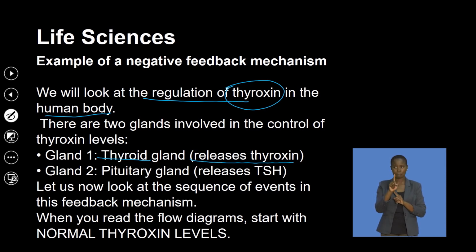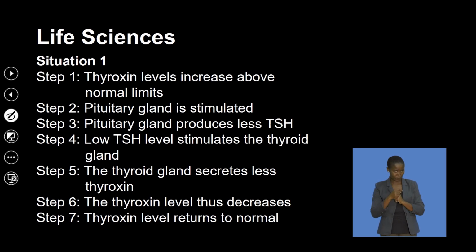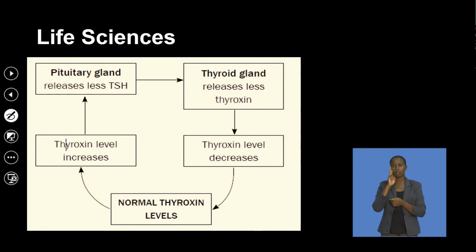And that comes from gland 2, which is the pituitary gland. The pituitary gland produces a hormone called TSH, which stands for thyroid stimulating hormone. This hormone stimulates the thyroid gland to produce more thyroxine. Now, let's look at this in an illustration on the next slide.